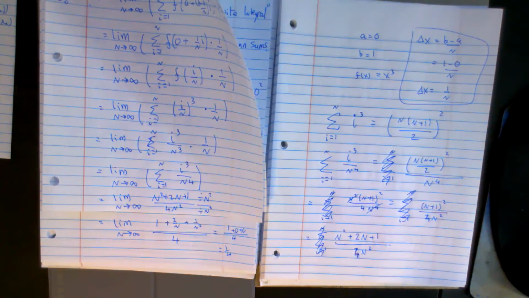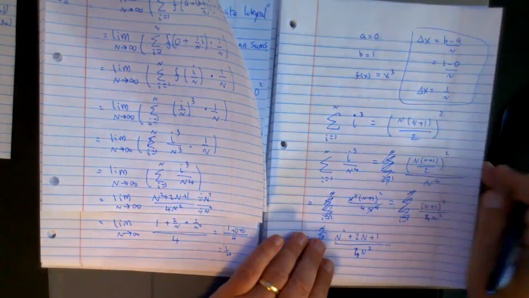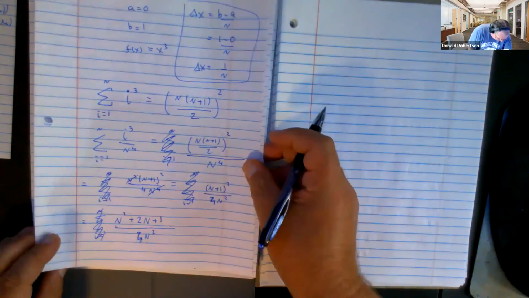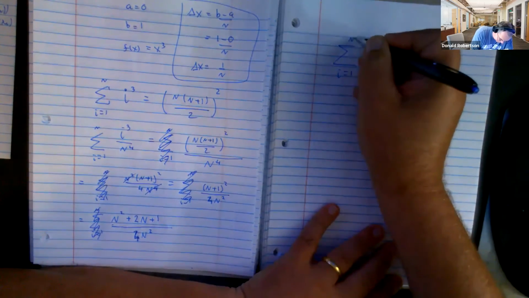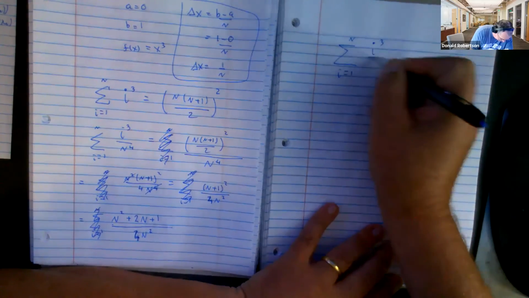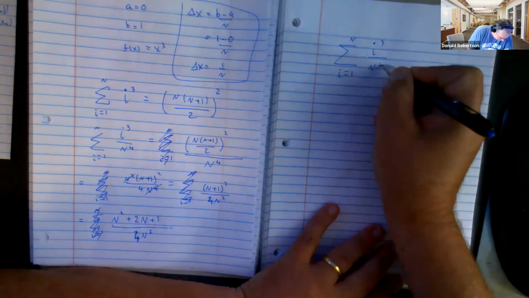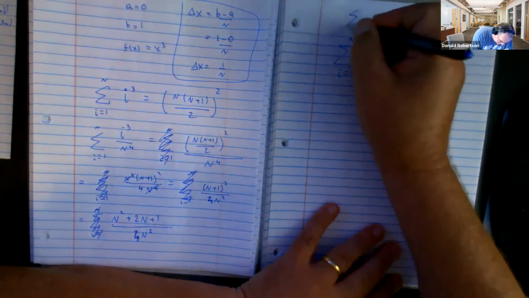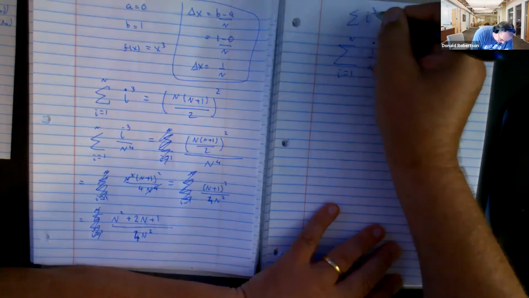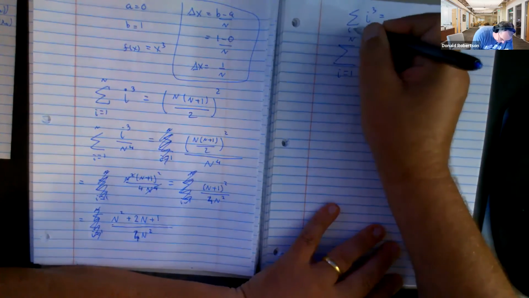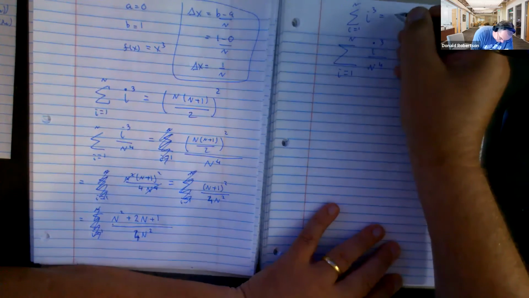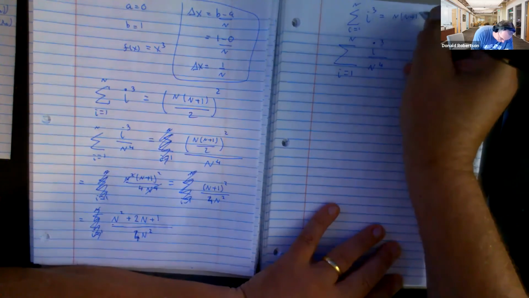Could you go over how the sigma got canceled out? Sure. We had this part where we had a guy that looked like this. And we were told up here that this piece here was equal to that.